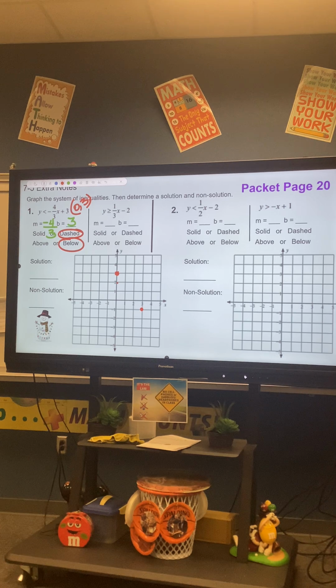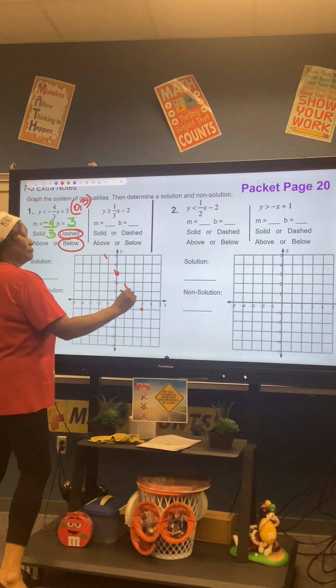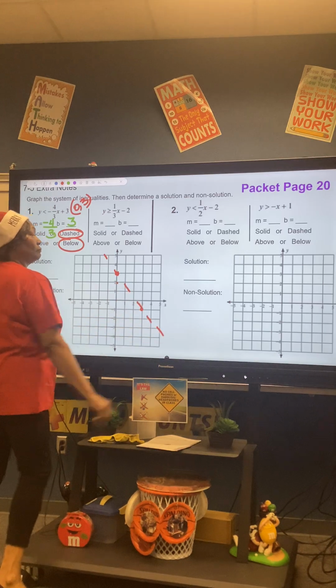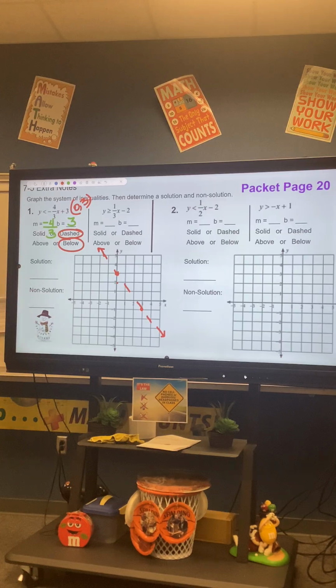You're going to pick up the handy dandy ruler that's on your desk, and you're going to do a dashed line. Okay?